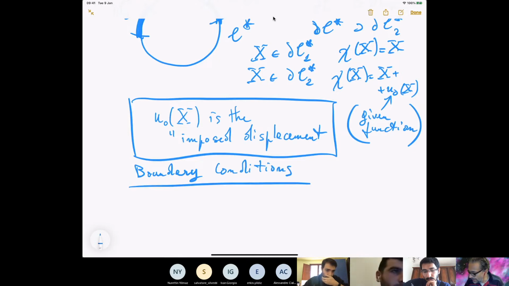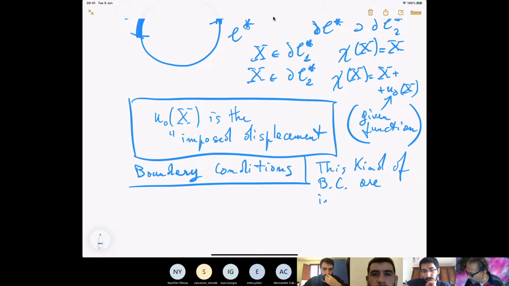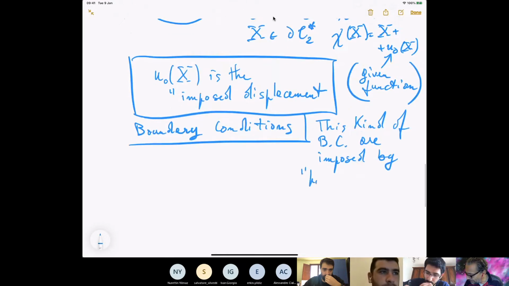And some engineers say that this kind of boundary conditions are imposed by hard devices.